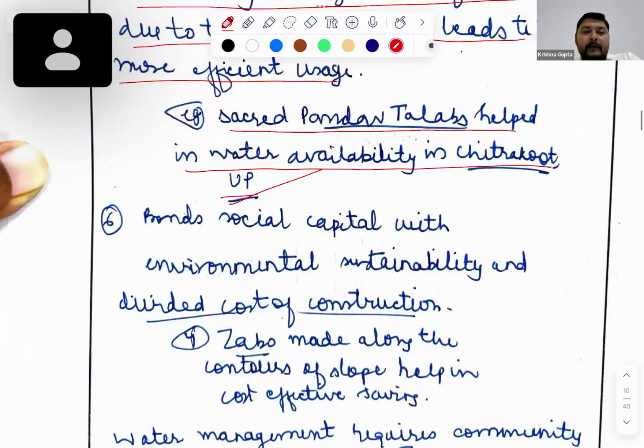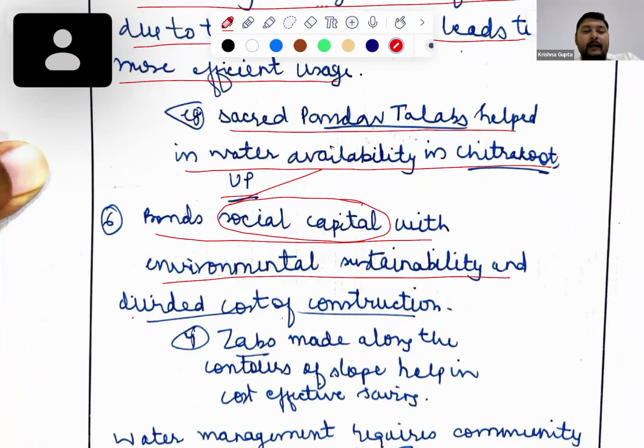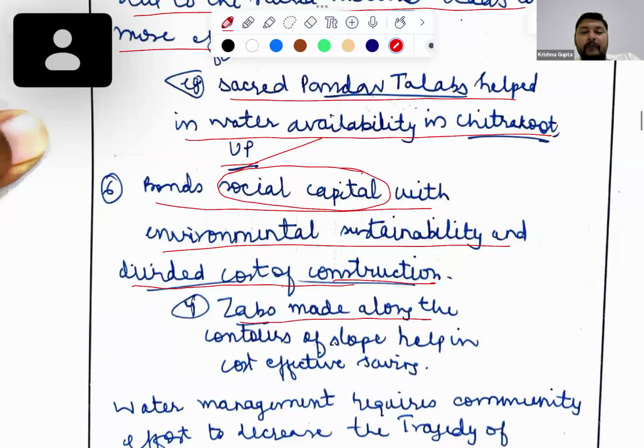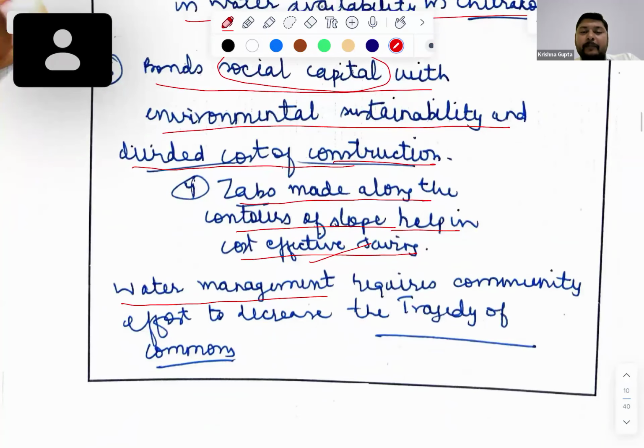Very good. So ponds, social capital. This is a very good word which is used. Social capital with environmental sustainability and divided cost of construction. Zabo made along the contours of slopes helping cost-effective saving. Very good. So water management requires community efforts to decrease the tragedy of commons.